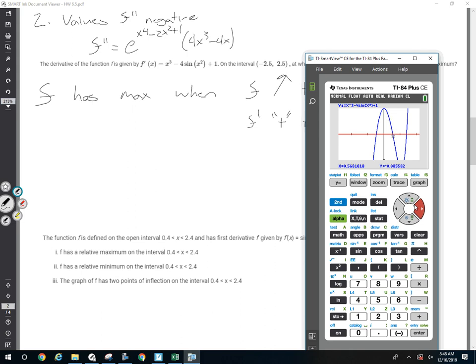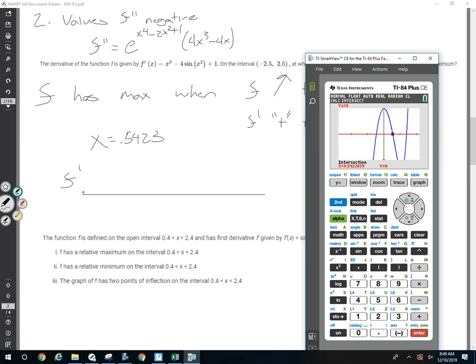Then it's negative and that's positive. So right here would be the location, because f prime has positive values then negative values. That means f is going up and down. And this is going to be at x equals 0.5423.